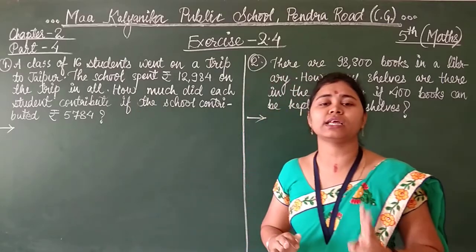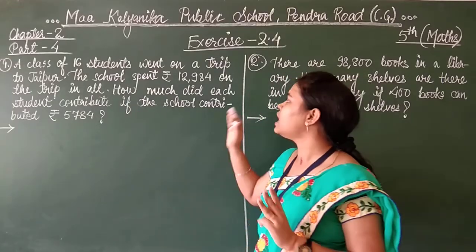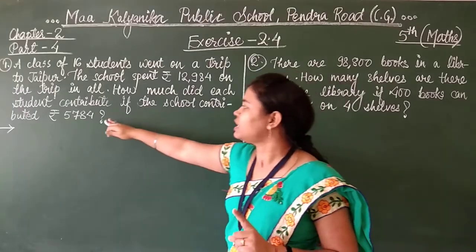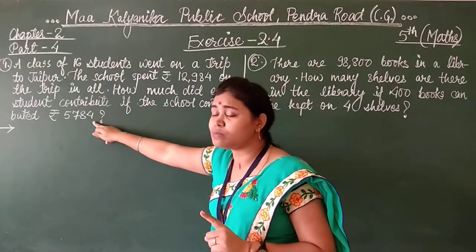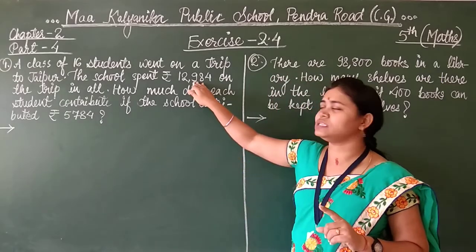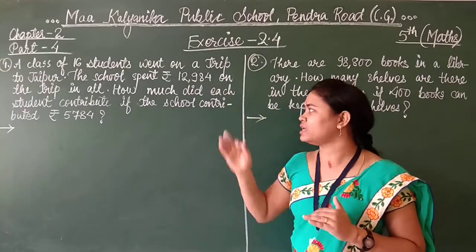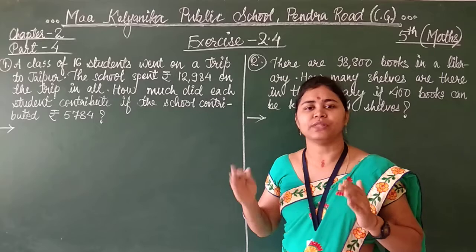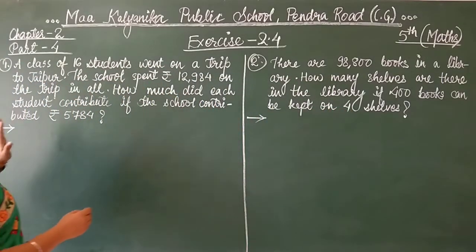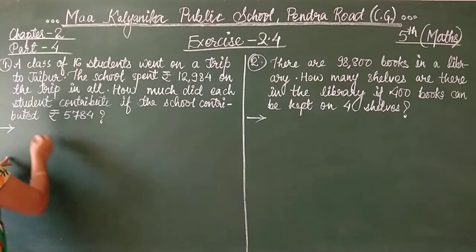So these three things are given and the question is how much each student will pay after leaving this much amount, because out of this 5,784 is given by the school. So the rest you have to calculate in this question. So what things are given, first we will write.